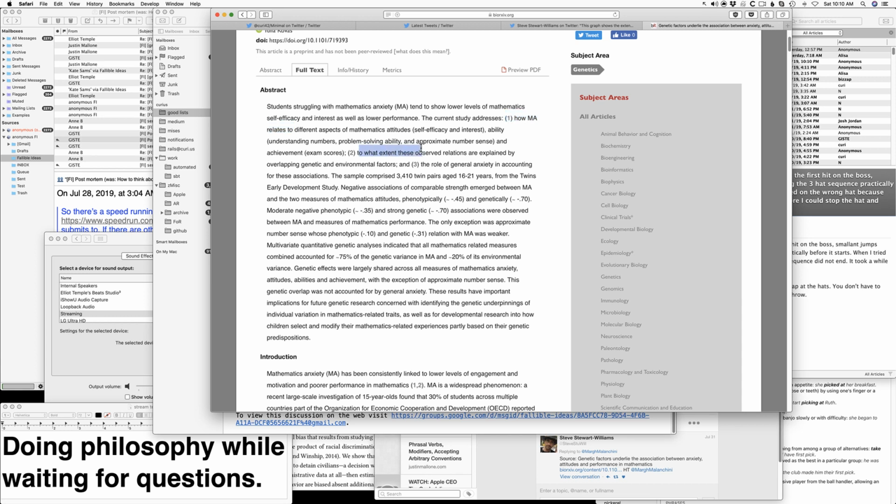Okay, 2. "The study addresses to what extent the observed relations are explained by" — and when they say explained, they mean correlated with. They definitely don't mean explained or caused. "Explained by overlapping genetic and environmental factors."